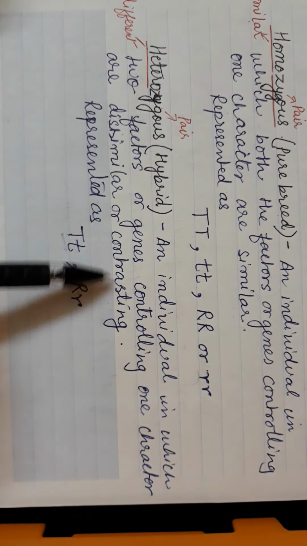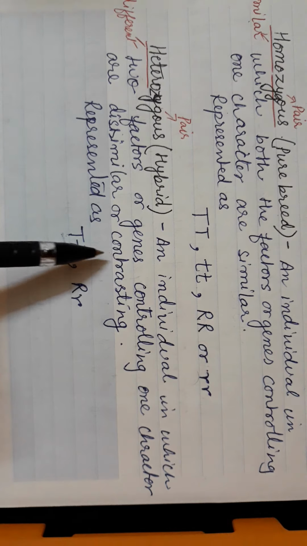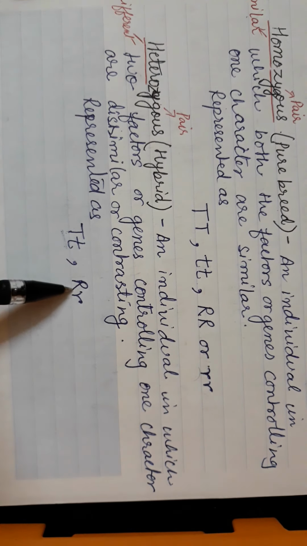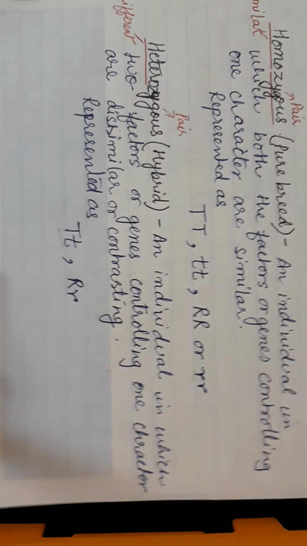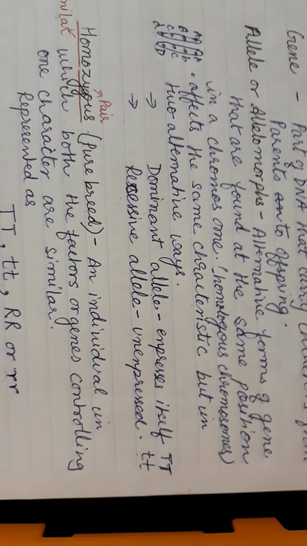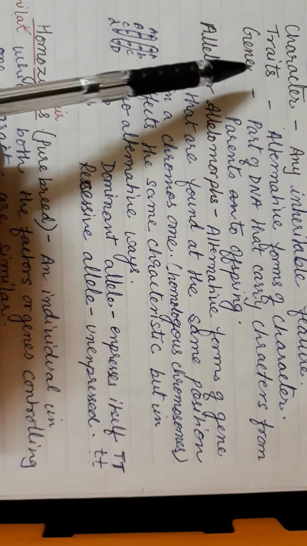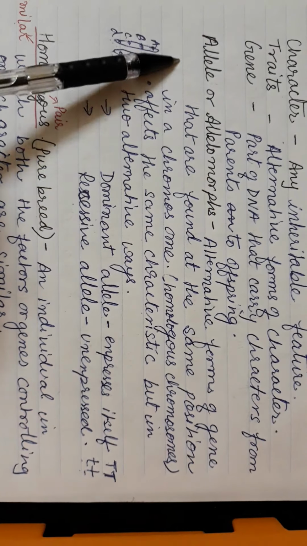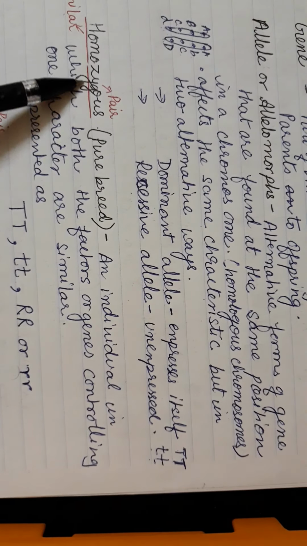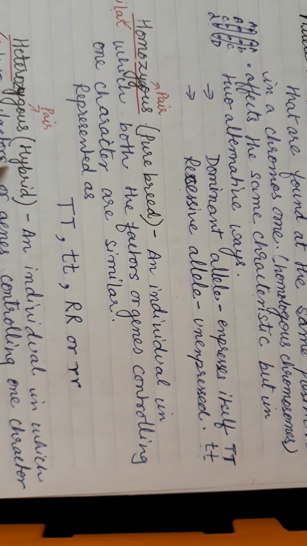So here we have understood characters, traits, gene, allele or allelomorphs, homozygous and heterozygous.